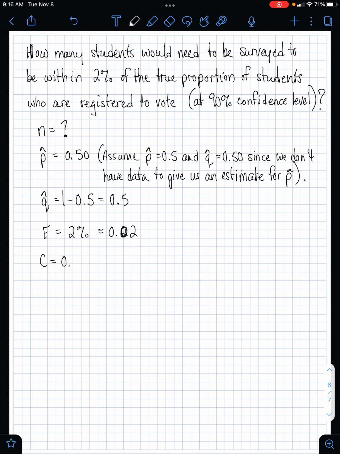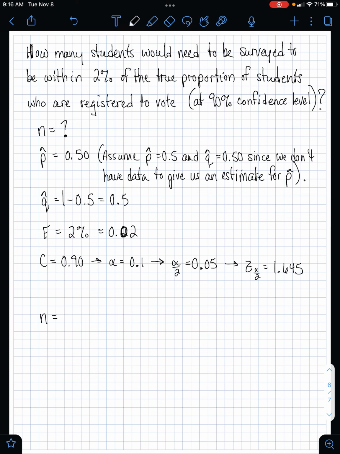The confidence level is 0.90, which gives us an alpha of 0.1, an alpha over 2 of 0.05, and from the normal distribution we had earlier, z sub alpha over 2 then is going to be 1.645. The z-score is tied to the confidence level and nothing else. So if the confidence level is still 90%, then the z-score is still 1.645. And now we have all of the pieces we need.